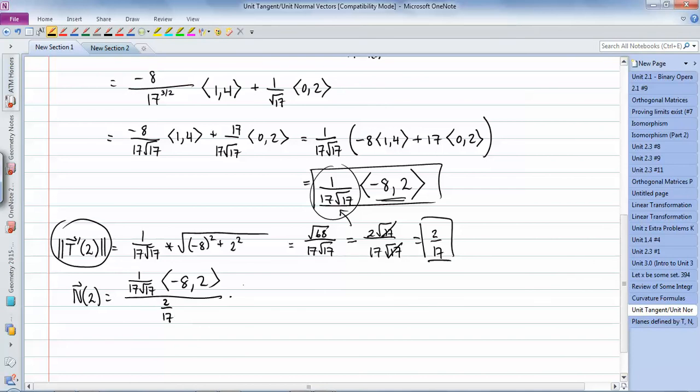If I multiply the top and bottom by 17 over 17, those guys cancel and these guys cancel. And I could throw the 2 under there. So I get 1 over 2 root 17 times <negative 8, 2>. And then I might as well put the half inside here. So it becomes 1 over root 17 times <negative 4, 1>. Or if you want it as a single vector, <negative 4 root 17 over root 17, 1 over root 17>.